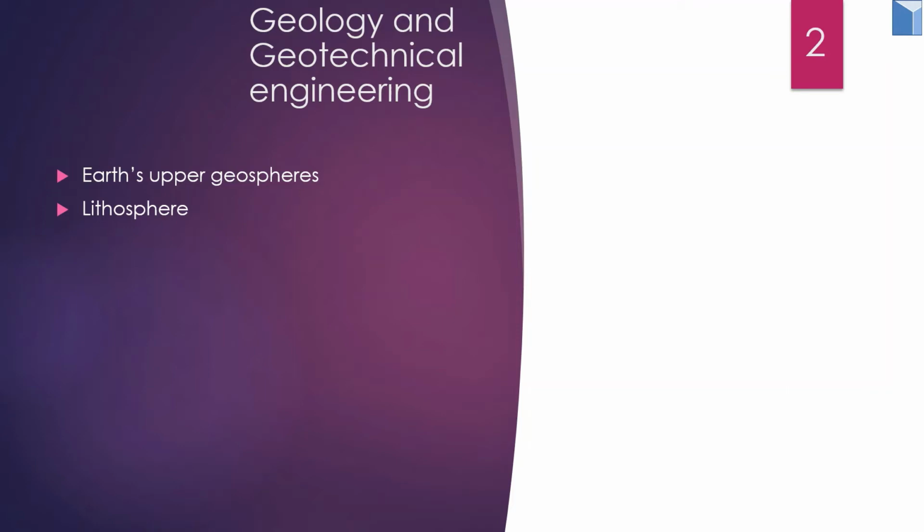There are two parts in the crust: the upper part, the cold, solid part, we call the lithosphere, composing our continents at the surface of the Earth, and the other part below the lithosphere, which is partially melted, we call the asthenosphere.